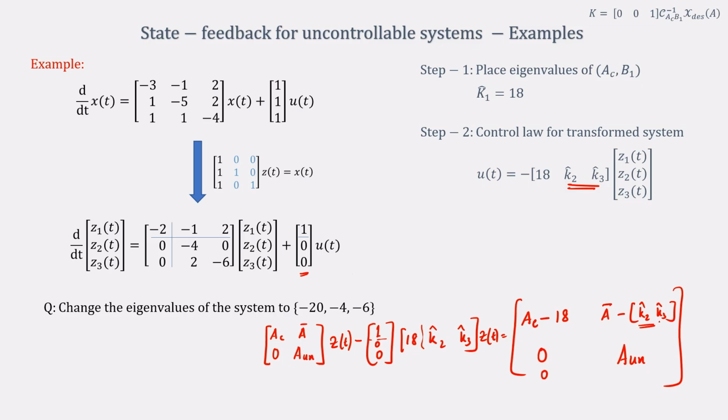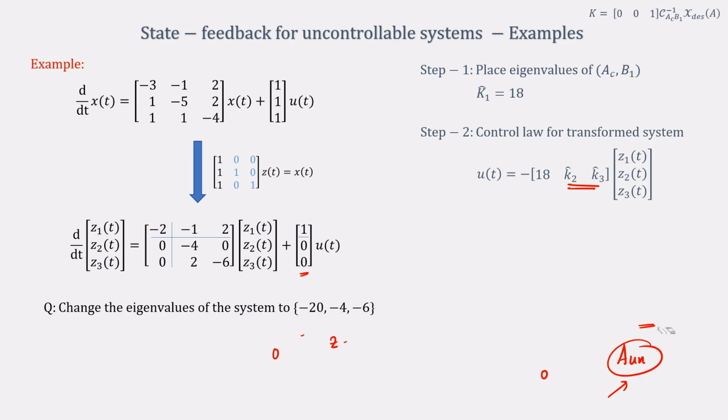You can see that K2 hat and K3 hat do not show up in these terms. So, whatever I choose K2 hat and K3 hat to be, they are not going to influence the eigenvalues of the new system, the system we get after we have used the state feedback.